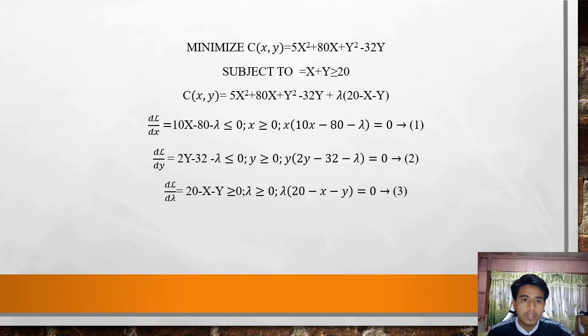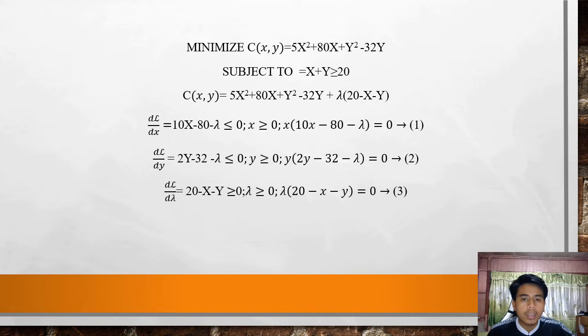First, differentiate the Lagrangian with respect to x and y. With respect to x, we get 10x plus 30 minus lambda equals 0. Next, with respect to y, we get 2y minus 32 minus lambda equals 0.